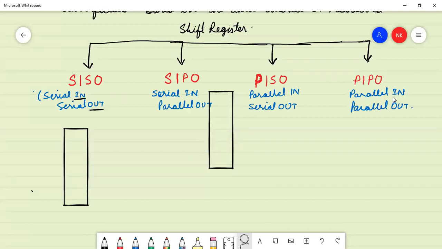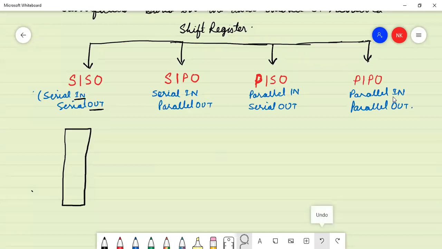Oh, how I can take it from there? So it will take more time. Let me draw it. Let me draw that. So I am drawing.